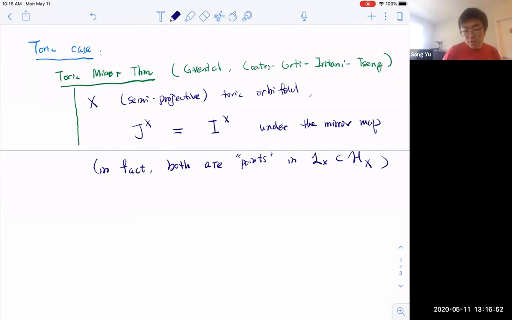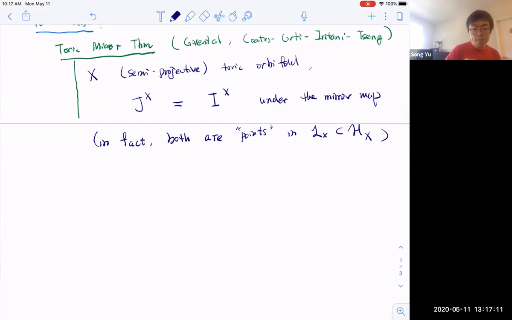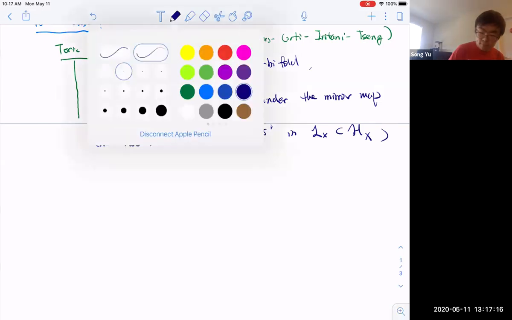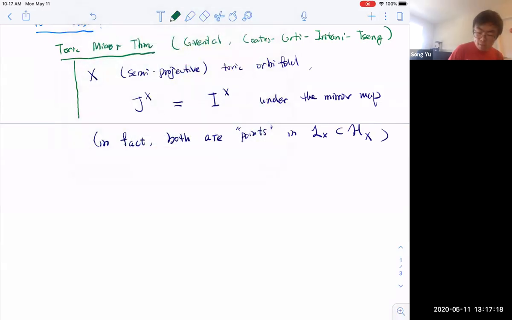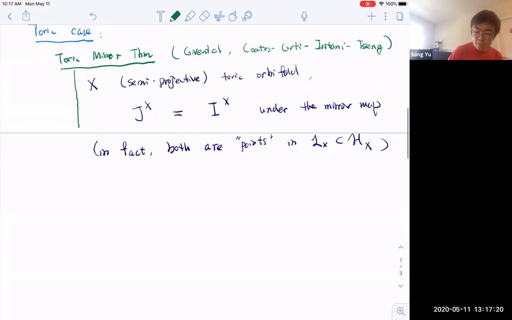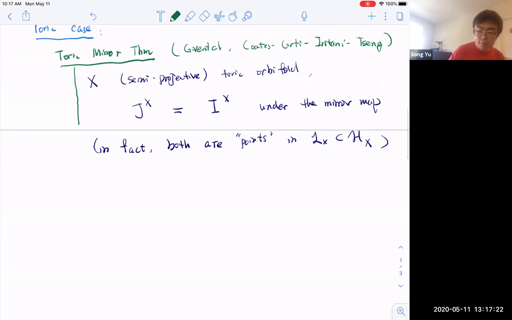The I function is a very explicit hypergeometric function, and this statement allows us to study the Gromov-Witten theory, or for our purposes, the Crepant transformation conjecture, just on the B side by comparing the I functions. And using this mirror theorem, the Crepant transformation conjecture for the general toric case is known.